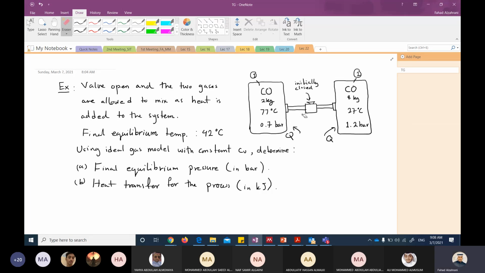How can we find the final equilibrium pressure where all the gases are mixed and in equilibrium?